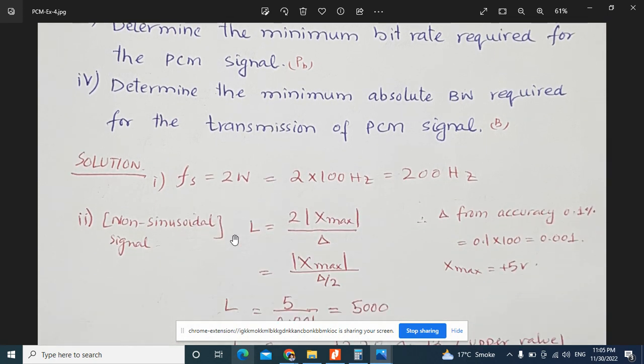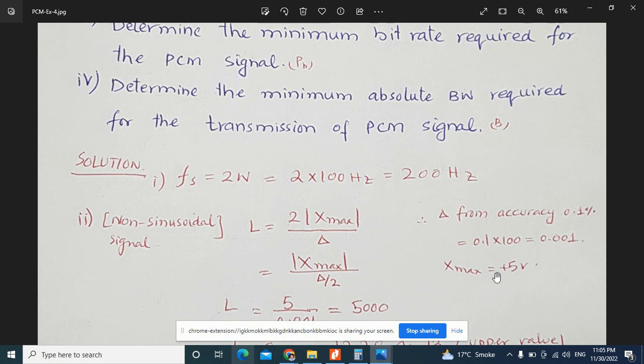If the signal is non-sinusoidal, in that case the value of L can be written with the formula 2 multiplied by x max divided by delta. Delta can be calculated from the accuracy, which is delta by 2. The accuracy is 0.1%, so multiplying 0.1 with 100, the answer is 0.001.